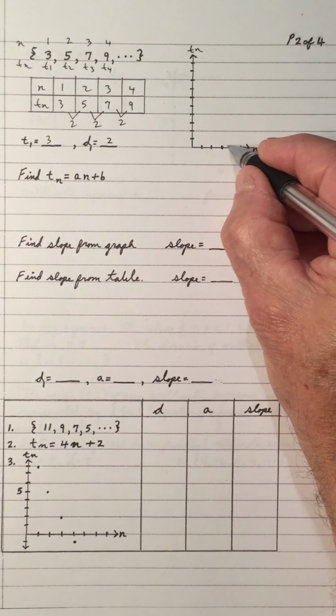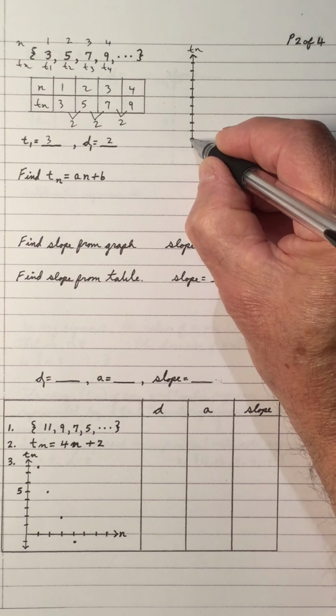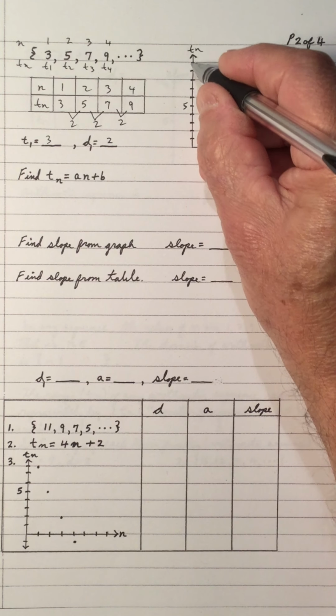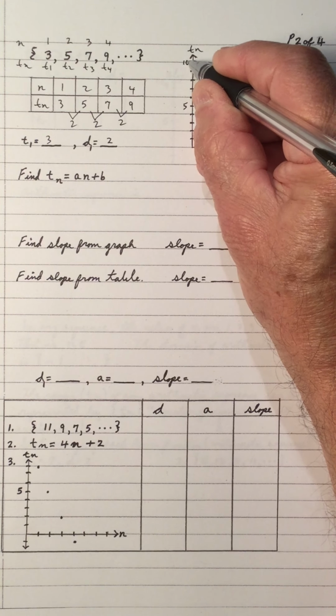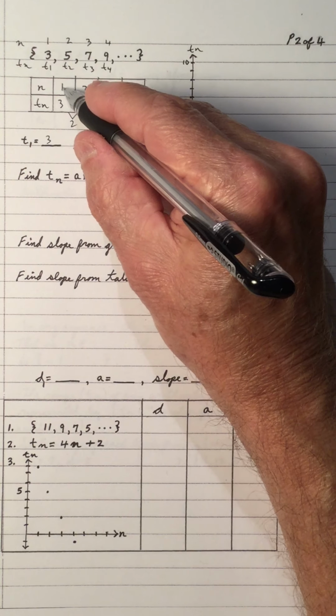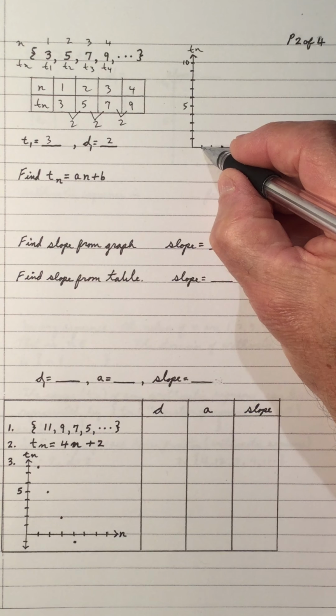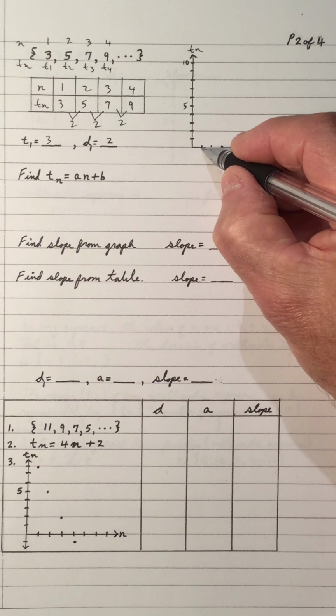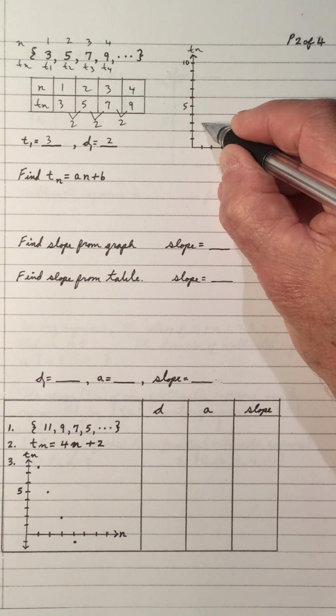So 1, 2, 3, 4, 5 on each axis, then 6, 7, 8, 9, 10. Make sure I'm careful with X and Y. N is 1, Tn is 3.